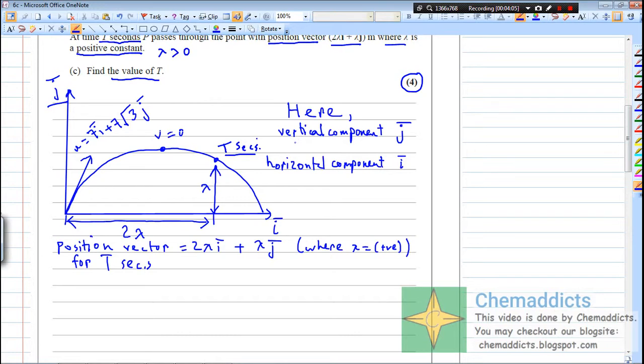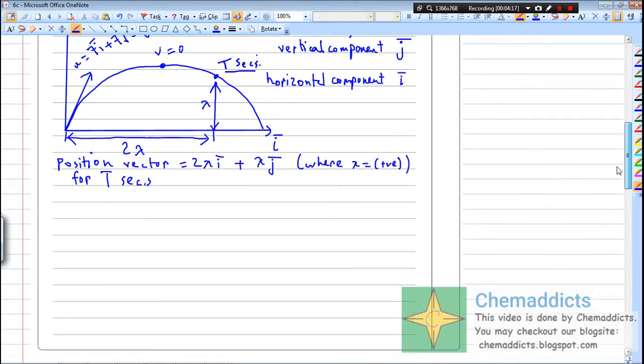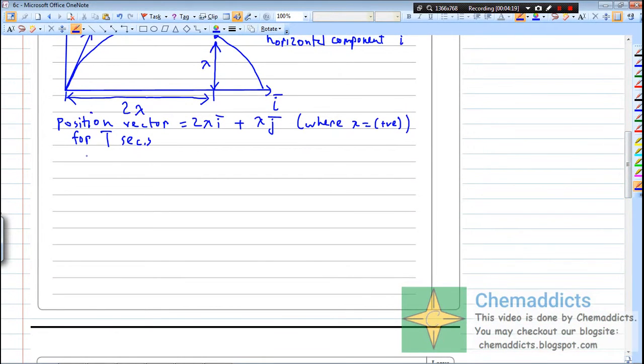Here the vertical component is j and the horizontal component is i. The position vector is given by this. So at first let us resolve horizontally.